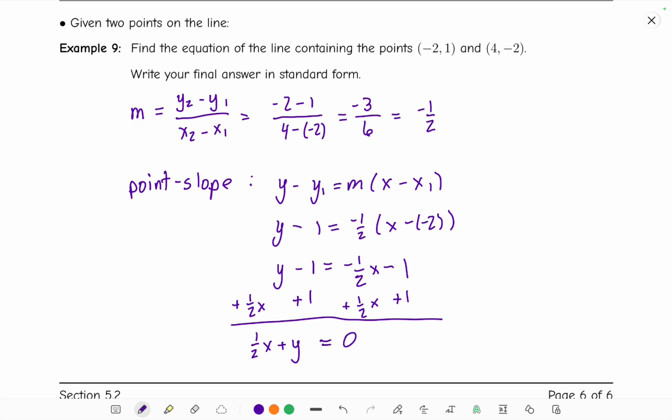Now this is acceptable for standard form, but in case you do not like fractions, you can always multiply the equation by 2. 2 times 1/2 is 1, so you get x. 2 times y is 2y, and then 2 times 0 is 0. And there's the equation in standard form between these 2 points.